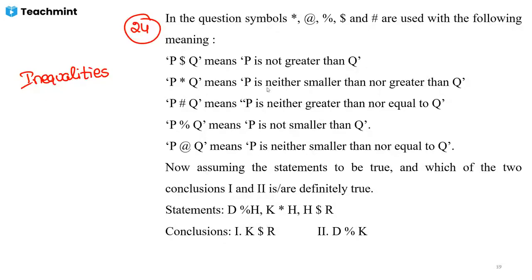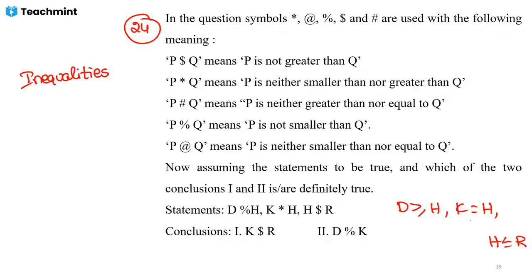You can see the symbols above. Percentage means not smaller than, which means greater than or equal. Star means neither smaller nor equal, which means equal. K equal to H. Dollar means not greater than, which means less than or equal.